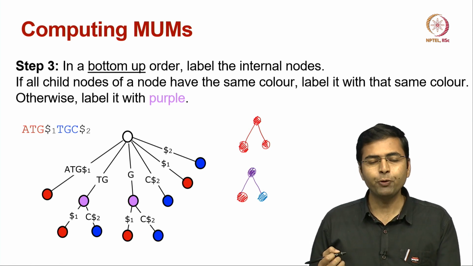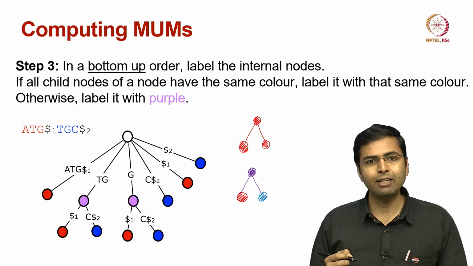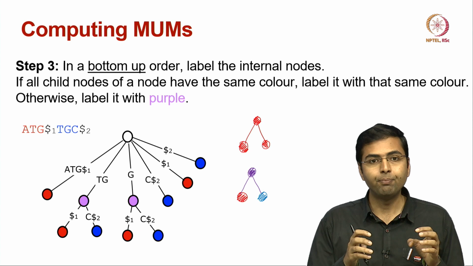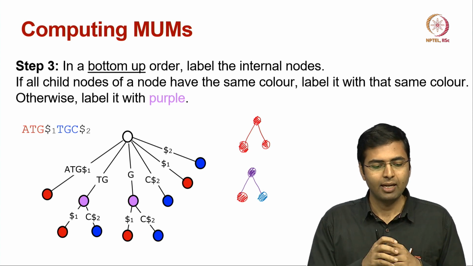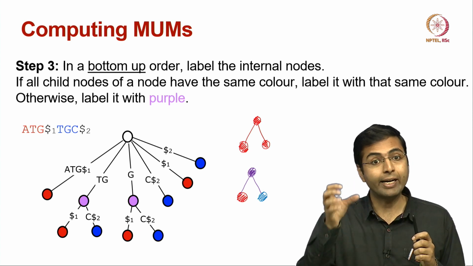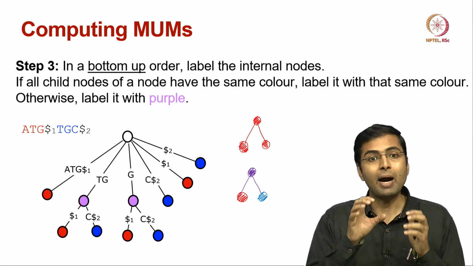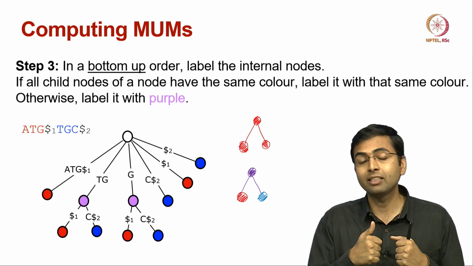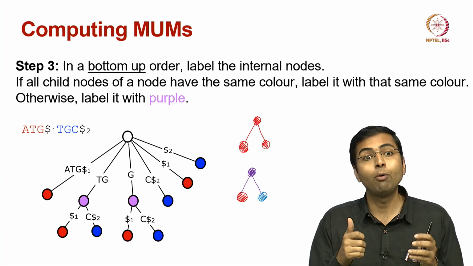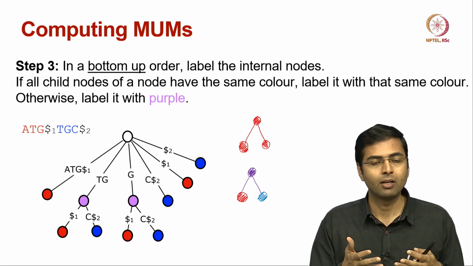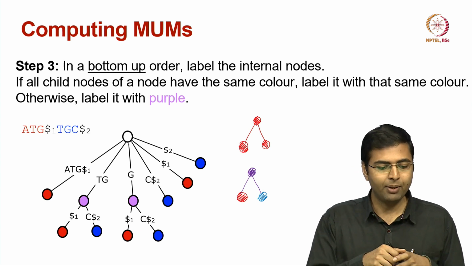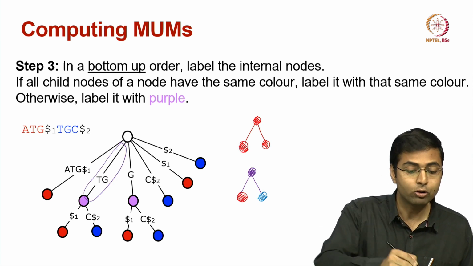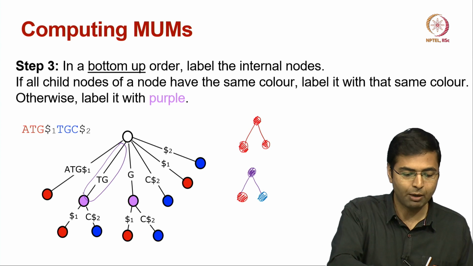Intuitively, what is happening is that we are distinguishing, for any node, whether its path label, that is the path from root to that node, comes from the first string, from the second string, or belongs to both strings. For example, the path label TG belongs to both strings because we have labeled it purple.